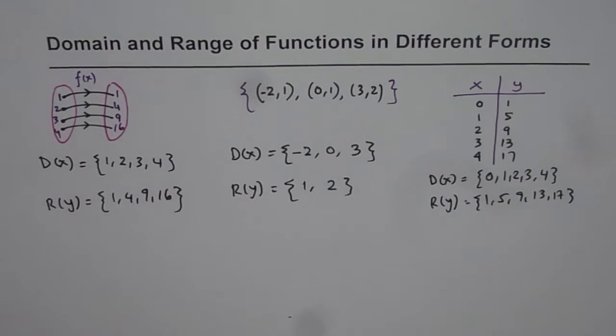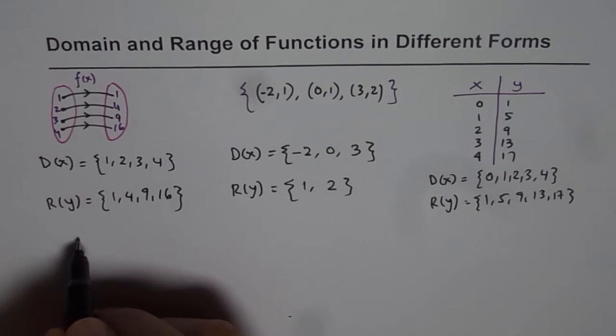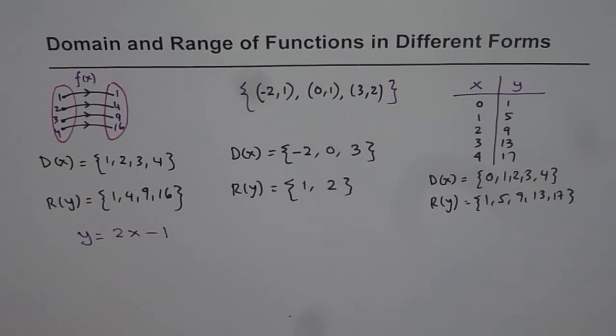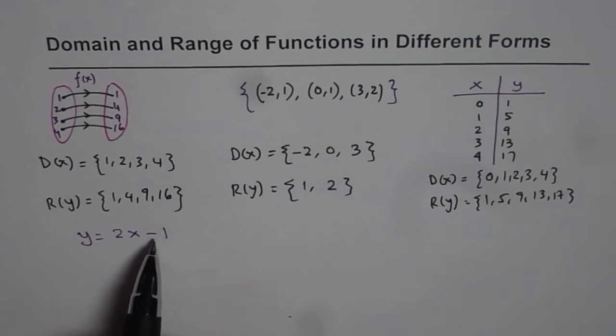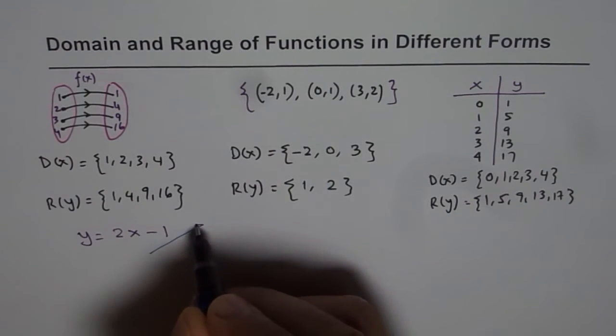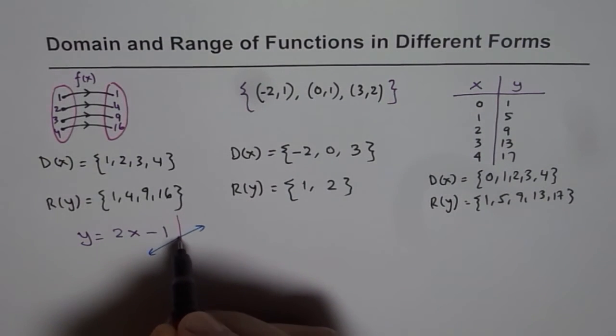Well, at times you may be given an equation. Let us say we have an equation which is y equals 2x minus 1. Now this equation represents a straight line with y-intercept at minus 1 and slope 2, right? If you sketch this line, it will be kind of like this, where the slope is 2 and that is -1, the y-intercept.